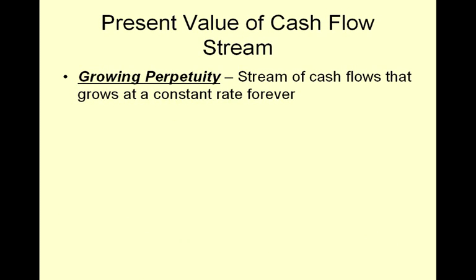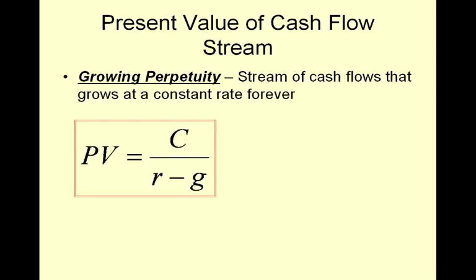Okay, the next notion I want to describe is that of a growing perpetuity, which is a stream of cash flows that grows at a constant rate forever. The expression for the present value of a growing perpetuity is that you take the annual, or let's say the initial cash flow, divided by the discount rate minus the growth rate.